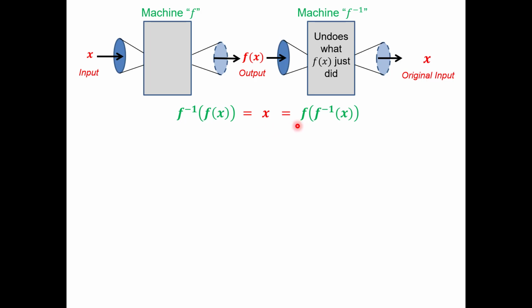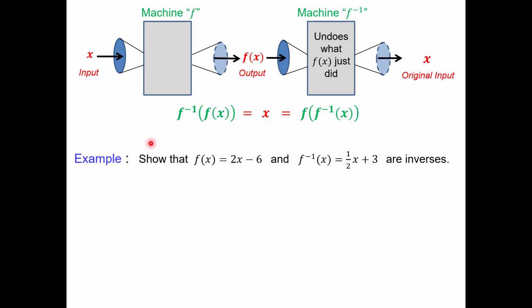So this is a really useful fact that says if you compose a function with its inverse in any order, the function can be on the outside, the inverse can be on the inside, or the inverse can be on the outside, the function can be on the inside. Either way you do it, you're basically undoing what's happening, and you get back to the original input of x. So in the future, a function and its inverse, when you compose them anytime, it's always going to give you x. So let's prove this.